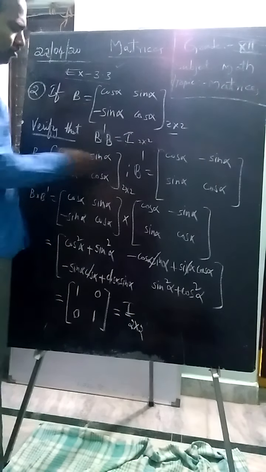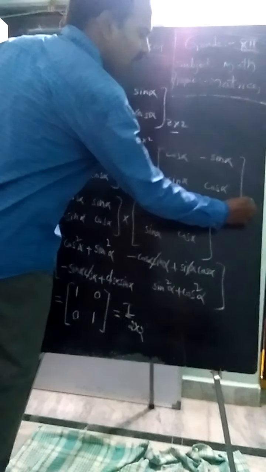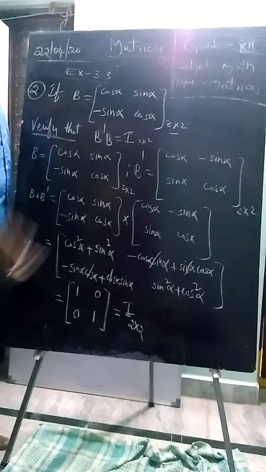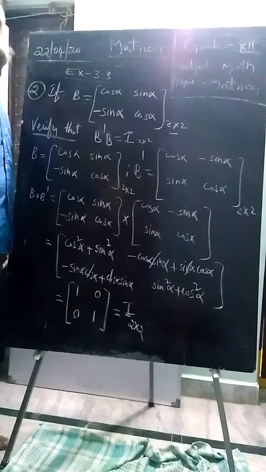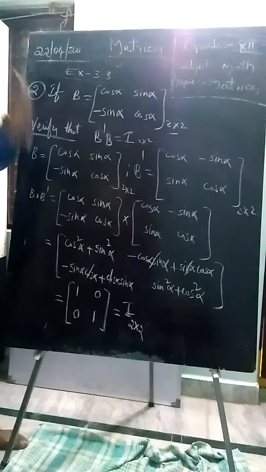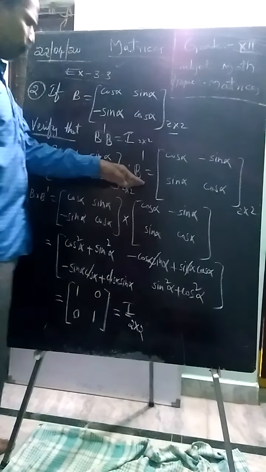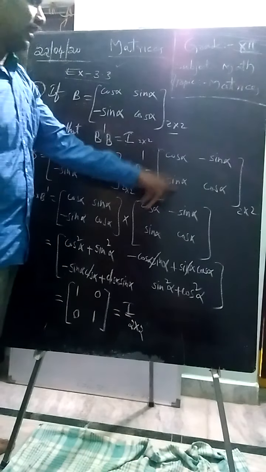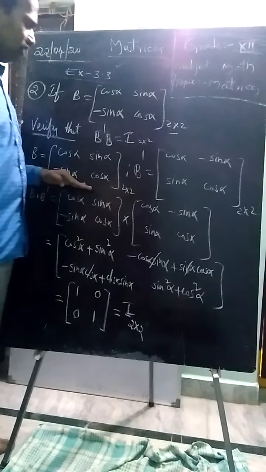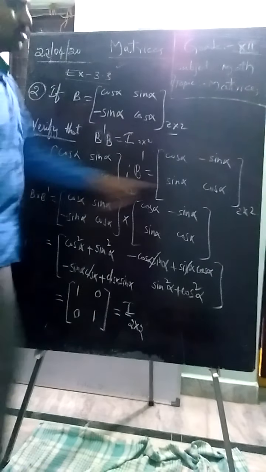The order remains the same, because the transpose of a square matrix will also be a square matrix. So B transpose will be cos alpha, sin alpha as the first column, and minus sin alpha, cos alpha as the second column, which is of order 2 by 2.